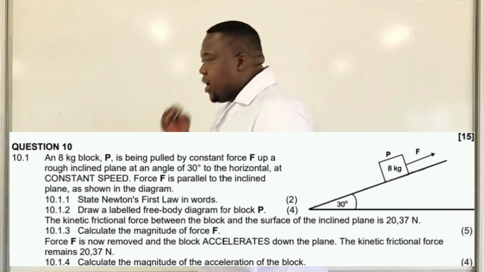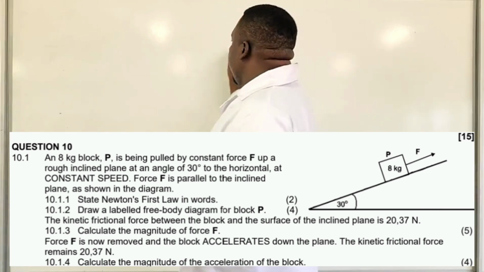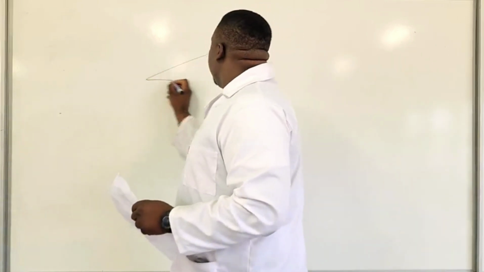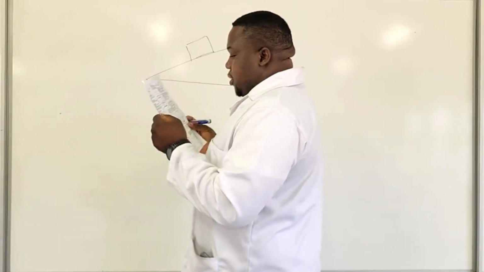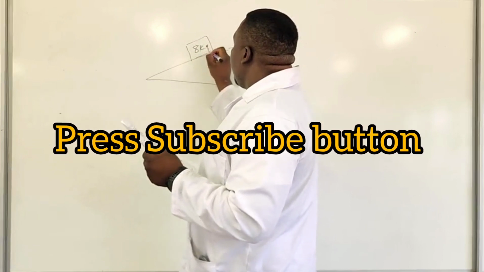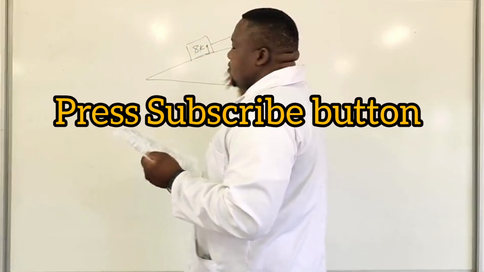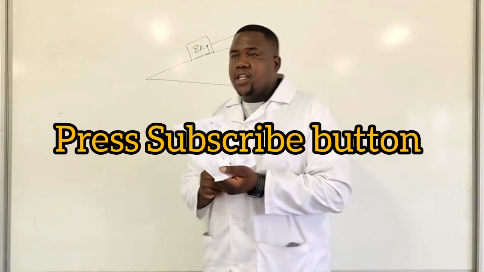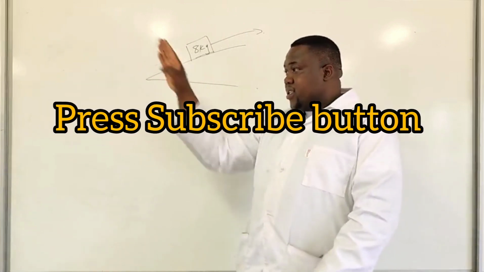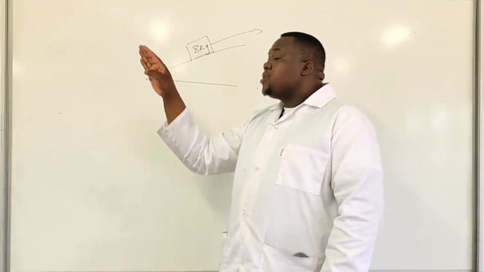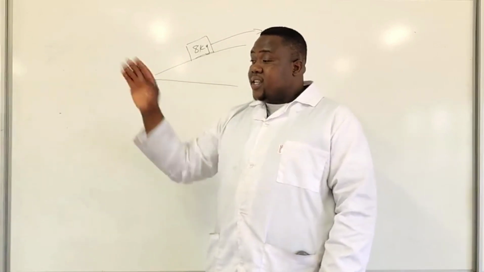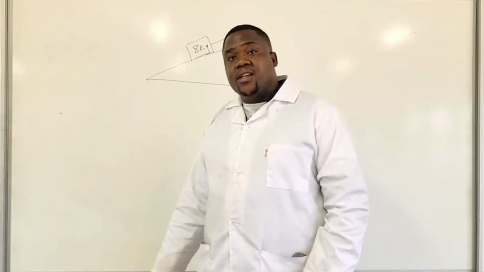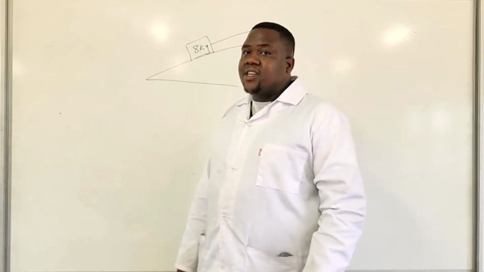We are told that the force F is pulling a block which is 8 kg. So check now that the force is acting like this, but this force is parallel to the surface. For the first one, the force was acting like this, yet the surface was flat. You understand? So now the frame of reference has changed.